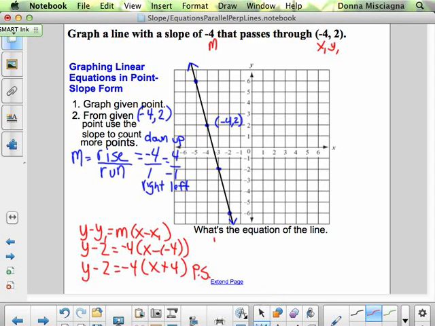So we have y minus 2 equals negative 4x minus 16. And in the last step, we'll add 2 to both sides. So in slope-intercept form, the equation of the line is y equals negative 4x minus 14.